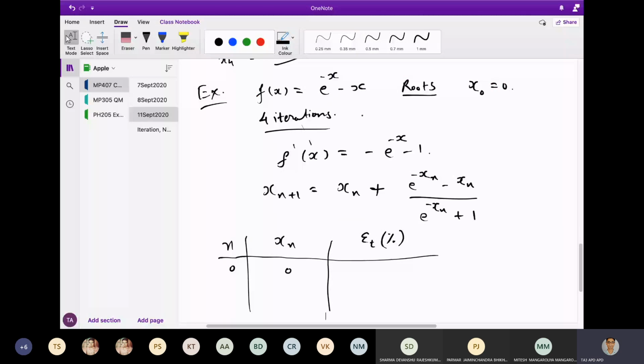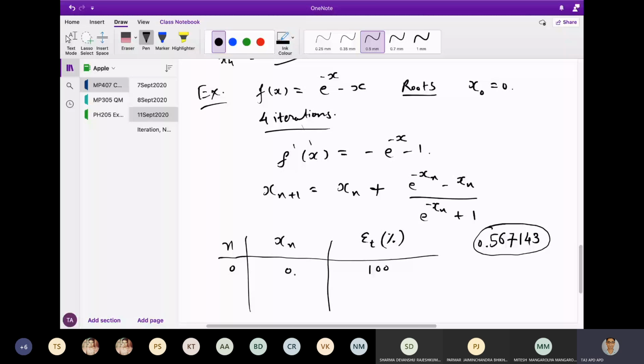So I'm just writing it somewhere close to 0.56714. So I'm writing 6 digit 1 2 3 4 5 and one more digit 3. So the exact solution will be somewhere close to this. And so initially your error is actually 100%, right? Because you're guessing with initially 0.